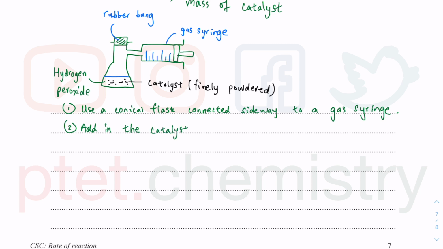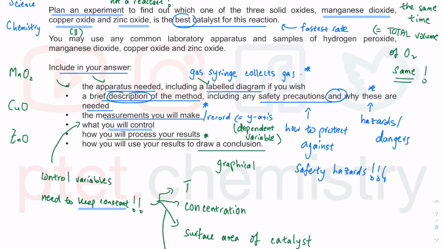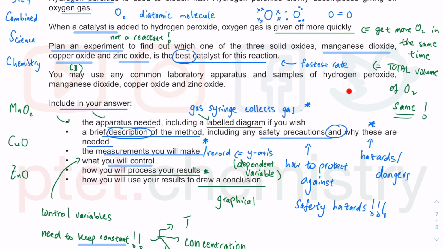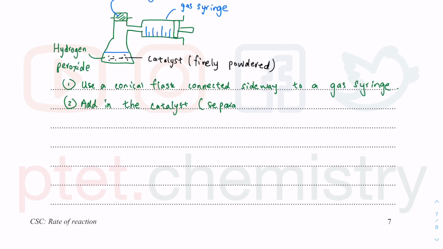Separately, you have 3 different catalysts that you wanted to investigate if you read back the question: manganese dioxide, copper oxide, and zinc oxide. So you will add in the catalyst separately in 3 different experiments, because you have 3 different catalysts. And then quickly put on the rubber bung.